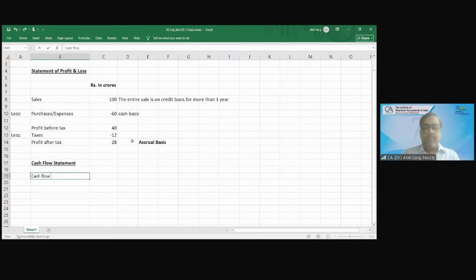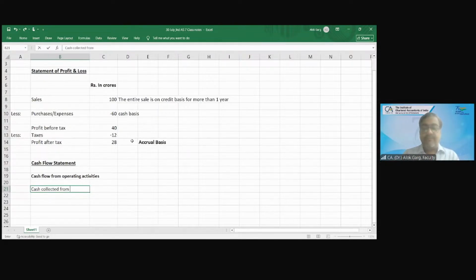Cash flow from operating activity. What is my cash flow from operating activity? If I apply the direct method, what does the direct method say? Direct method says you need to record cash collected from debtors or customers.